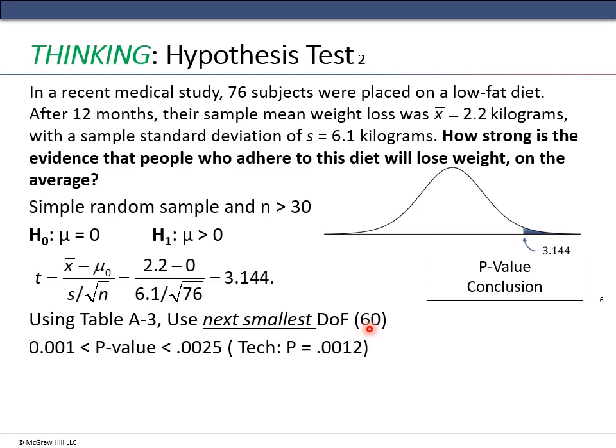And we can see that this value in the chart, if you go to the degree of freedom 60 and go across there, you'll see that this value, 3.144, is between the column headings of 0.001 and 0.0025, okay? If you use technology, you would find the exact p-value would be 0.00112. So we know our probability is between 0.001 and 0.0025.